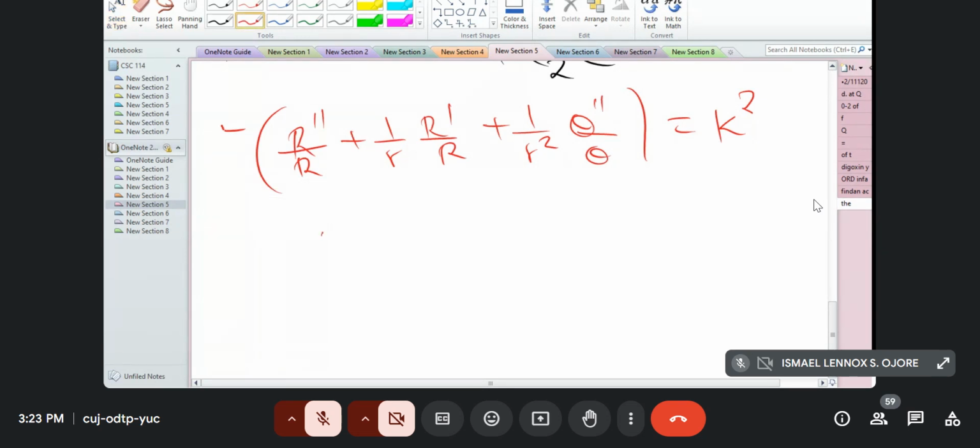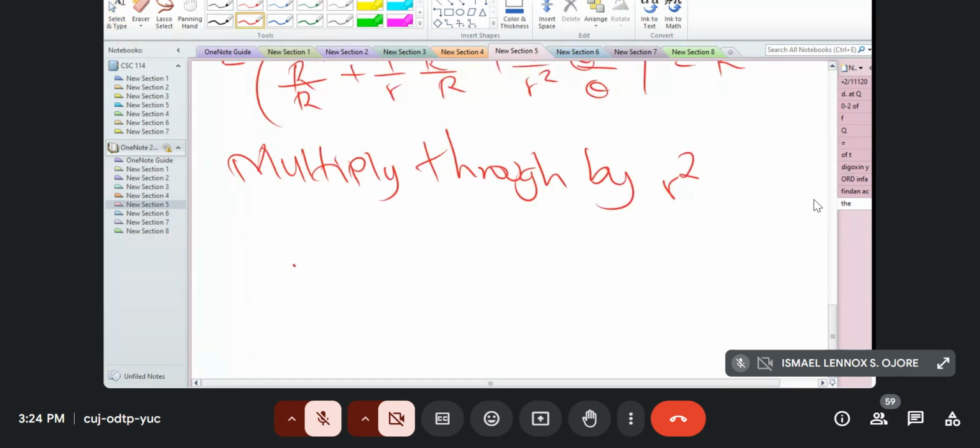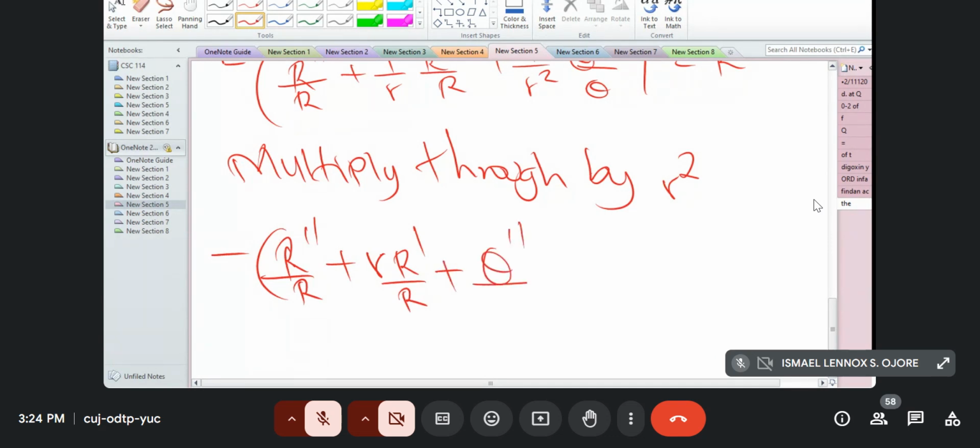To do so, we multiply through by small r squared. If you do this, then you have minus R double prime over R plus 1 over r times r squared gives us r times R prime over R plus Theta double prime over Theta equals k squared r squared.